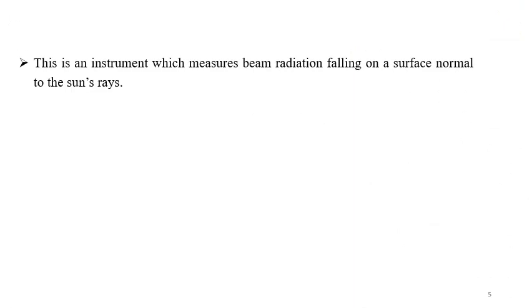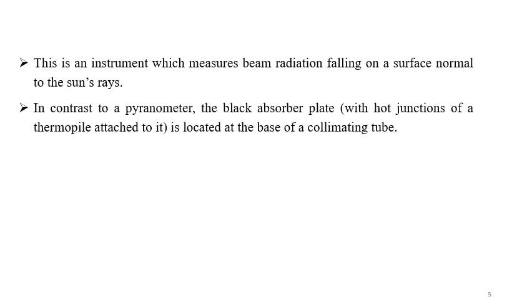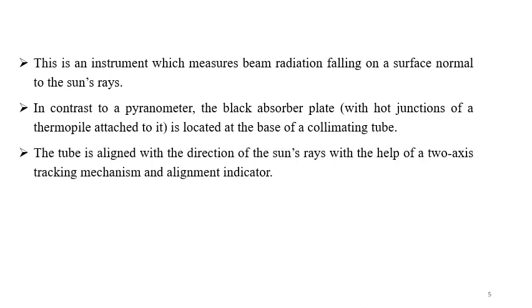As I mentioned, it is used for direct beam radiation, to measure beam radiation falling on a surface normal to the sun rays. In contrast to the pyranometer, the black absorber plate or hot junctions are located at the base of the collimating tube. It has a two-axis tracking mechanism and an alignment indicator is also there.